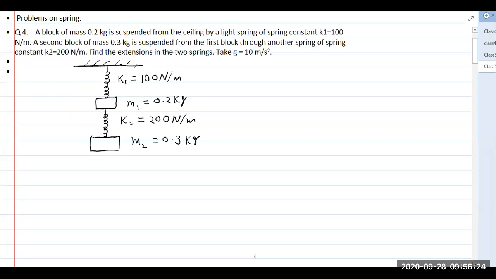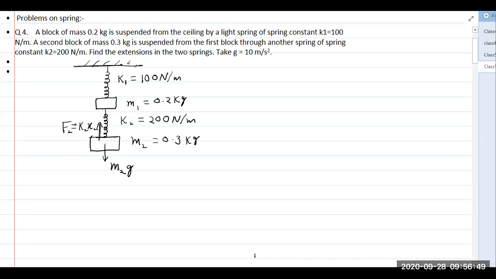So how do you find it? Let us write the different forces. On the lower object we will have M2G downward, and then we will have an upward force, the tension, the force by the spring, which we write as F2 equal to K2 x2.